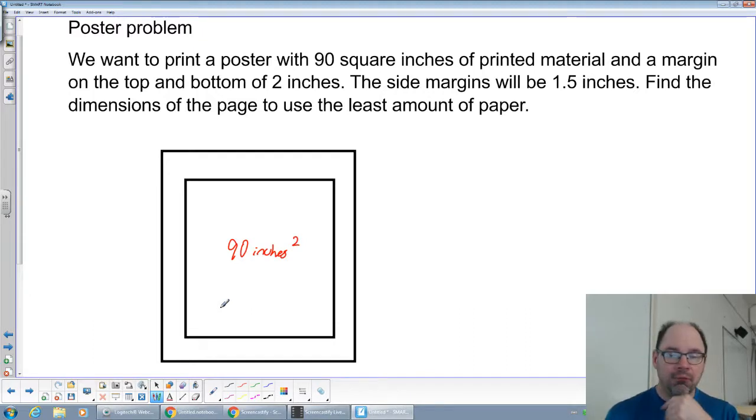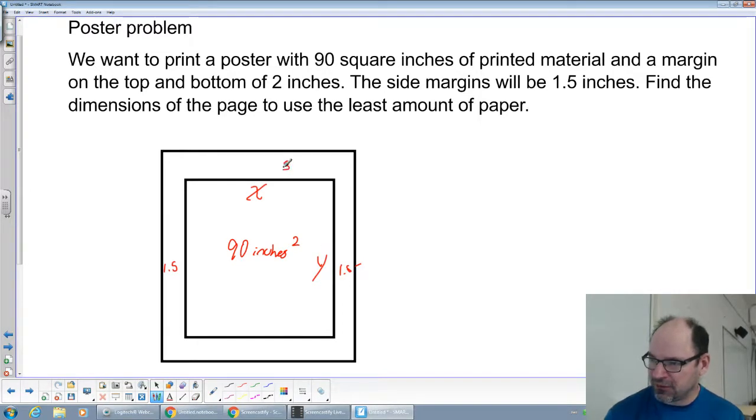We can do this one of two ways. We can say X and Y for horizontal and vertical. If we call this dimension X, the horizontal, and this one Y, there is 1.5 inches here and 1.5 inches here.